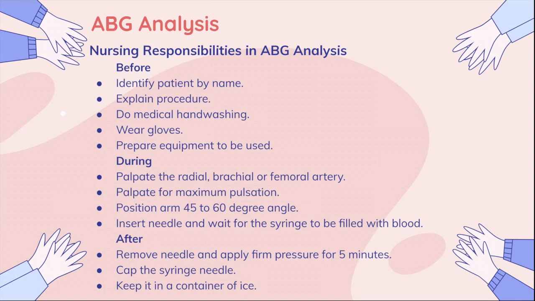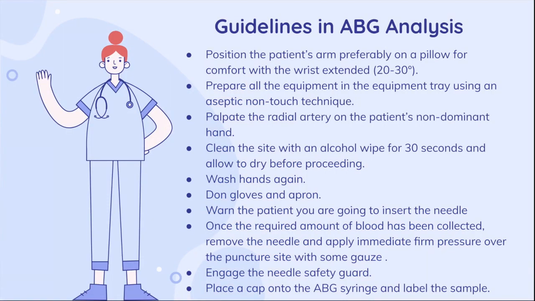For the guidelines in ABG analysis, position the patient's arm preferably on a pillow for comfort with the wrist extended. Prepare all the equipment in the equipment tray using an aseptic non-touch technique. Palpate the radial artery in the patient's non-dominant hand. Clean the site with an alcohol wipe for 30 seconds and allow to dry before proceeding.